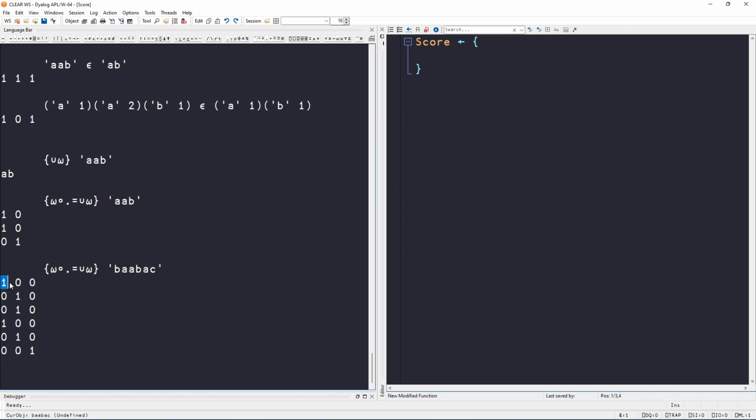This is the first B, this would be the second B, now this is the first A, this would be the second A, and this would be the third one, and this is the first C. So we want to take this Boolean matrix and transform it into something like this. So how can we do that? Well, there's this APL technique where if you use a scan, let's do a plus scan over the columns.